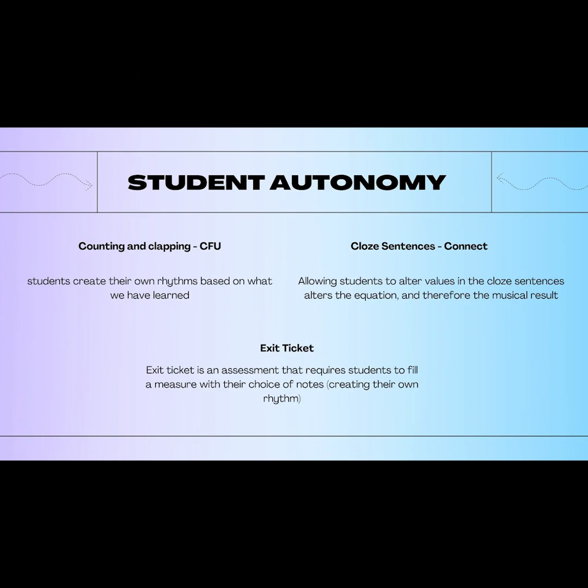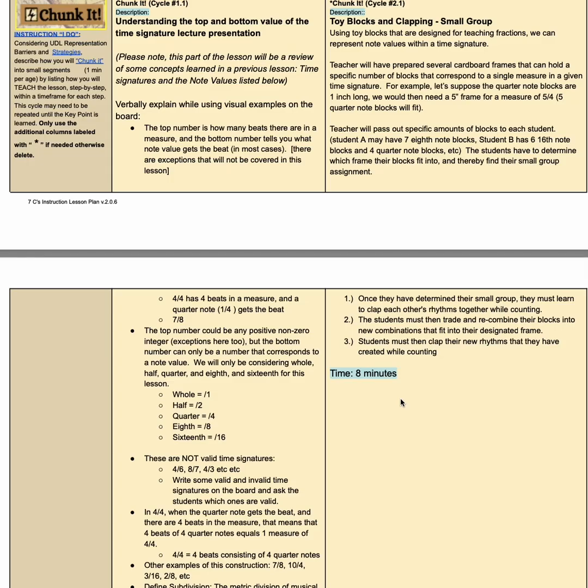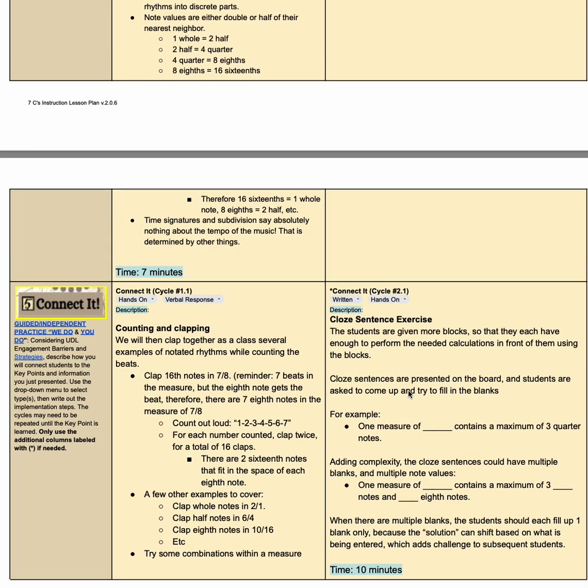Okay, so student autonomy. There's 3 parts of my lesson where the students get to be creative. At the end of the first cycle, I would have taught the concepts verbally, and then we will have clapped some measures where we're speaking the language of the measure, saying, for example, taking this example, clap 16th notes in 7/8.